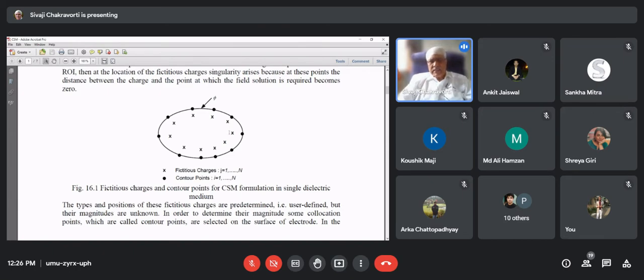And for every fictitious charge, I assume one point on the surface, which is also called a contour point. So this cross is called the charge point, as you can see written, and the dot is the contour point. If there are n number of charges, then there will be n number of contour points. That's the beginning or the starting point of charge simulation.